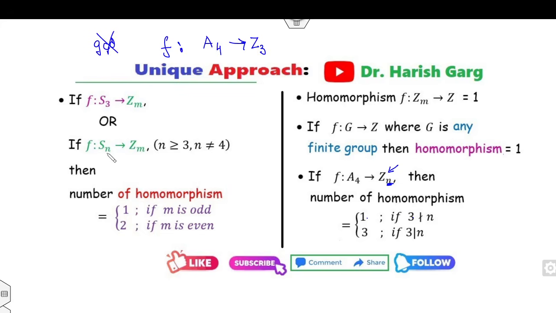They are not from Sn, so you can't say it's even and odd. But you can see 3 divides 3, so the group homomorphisms are 3. If you define A4 to Z7, for example, then 3 doesn't divide 7, so the group homomorphisms are 1.